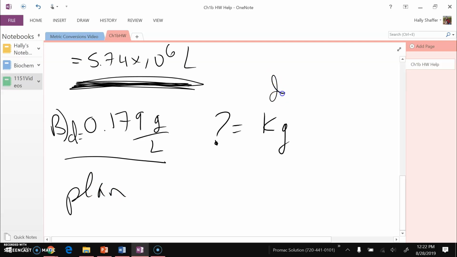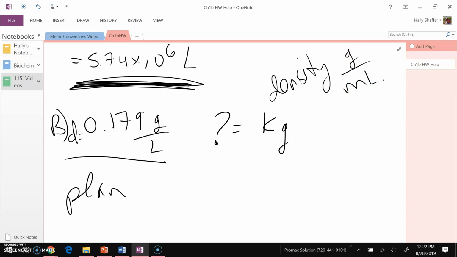Now, I will tell you, on the quiz you better have your density units as grams per milliliter. That's what we discussed in lecture, okay? They happen to give it to you in grams per liter on this homework question. So you're going to go from liters into grams using density as the conversion factor, and then grams to kilograms.